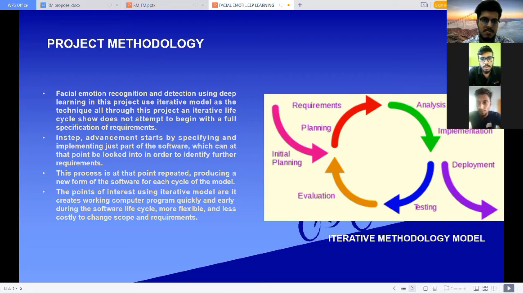This process is then repeated, producing a new version of the software for each cycle of the model. The advantages of using the iterative model are that it creates working software quickly and early during the software life cycle, and is more flexible and less costly to change scope and requirements.